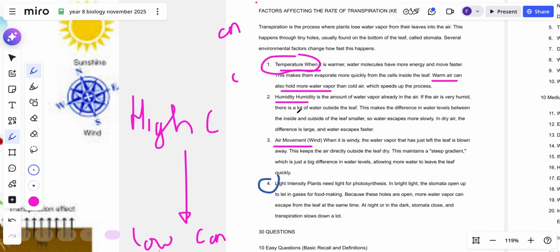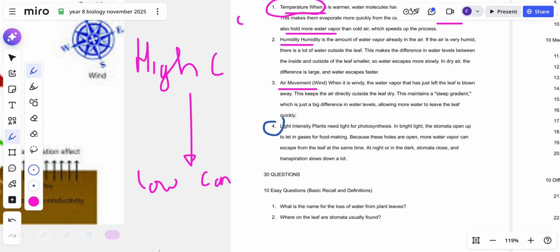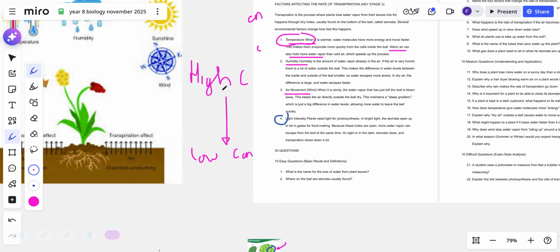Now humidity. Now we're going to look at the actual plants. Humidity means the air is full of water molecules. Normally we're going from a high concentration to a low concentration of water molecules. This is the inside of the leaf, and this is the air outside.